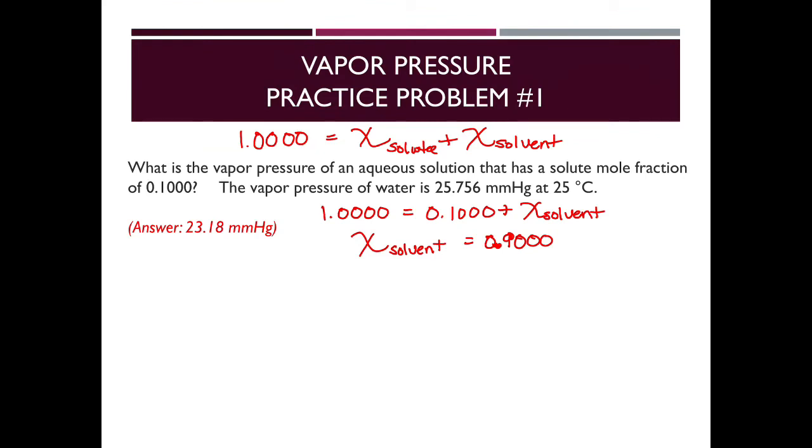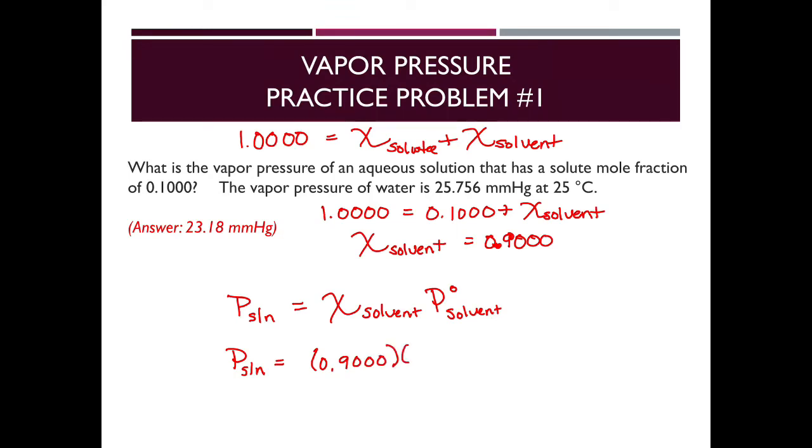And so we can find the vapor pressure of our solution, because our vapor pressure of our solution is going to equal the mole fraction of our solvent times the normal pressure of our solvent. We have both of those things, so we can calculate that out: 0.900 times the vapor pressure of pure water, 25.756.